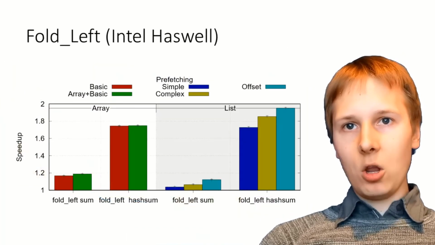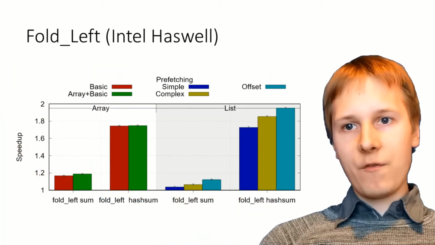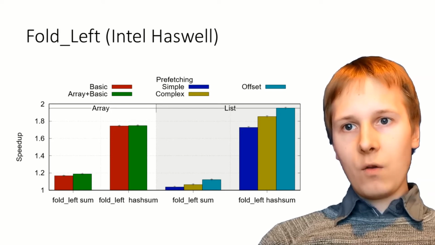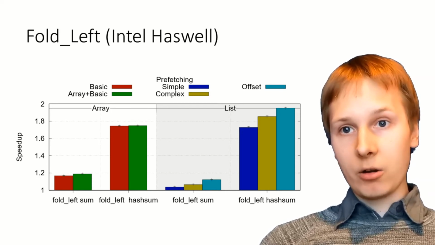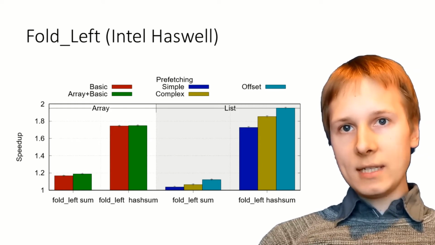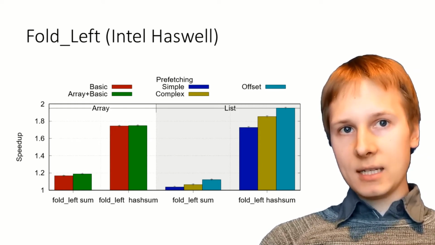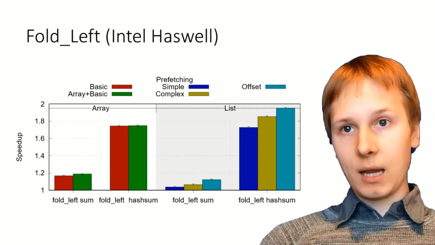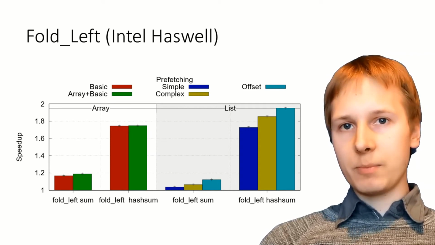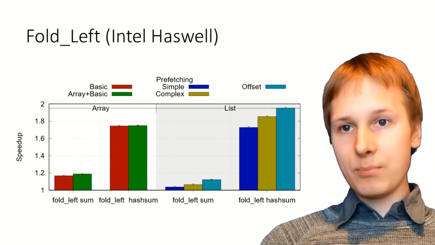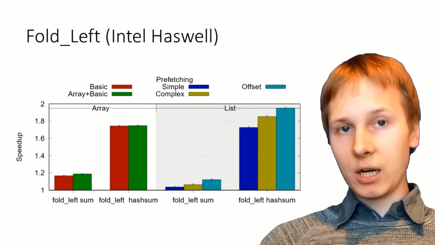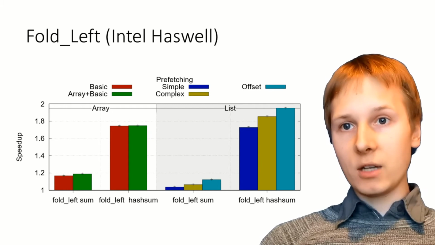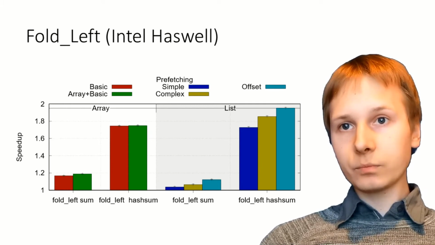Now, let's have a look at some of the resulting performance numbers. For Intel Haswell, a fairly standard out-of-order superscalar microarchitecture, we see reasonable speedups on both lists and arrays for the basic sum case, but much larger speedups for the same code and the same prefetches when extra computation is added with some hashing due to the issue queue effects we talked about earlier.